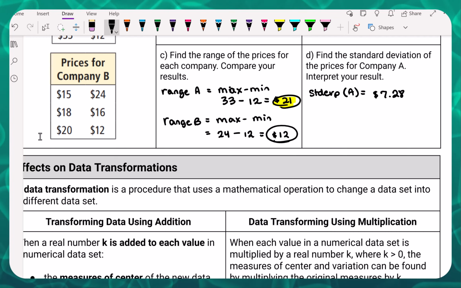Now, interpreting is really important, not as much in Algebra 2, but very important in statistics. So we're going to go ahead and write this down.